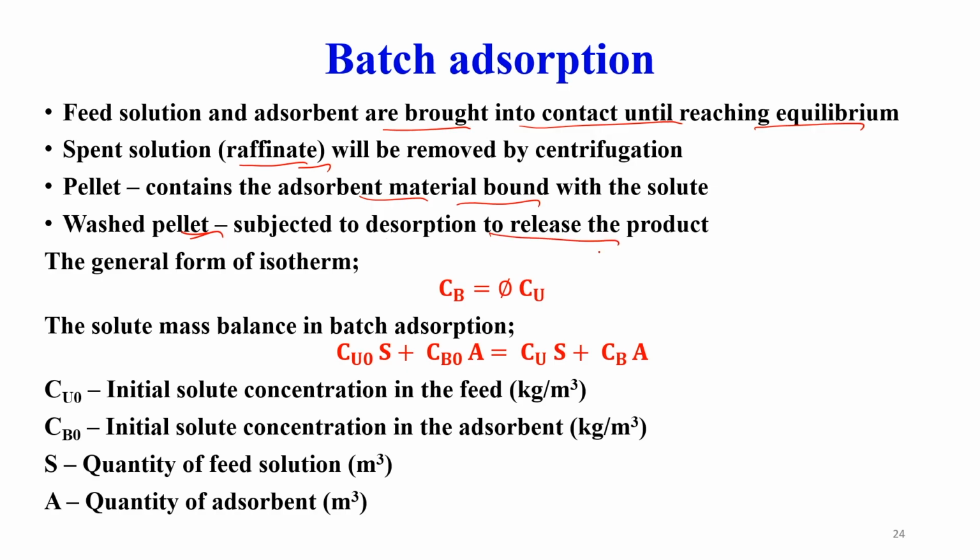So, the general form of the isotherm says Cb is proportional to Cu, and let us say the proportionality constant is phi.